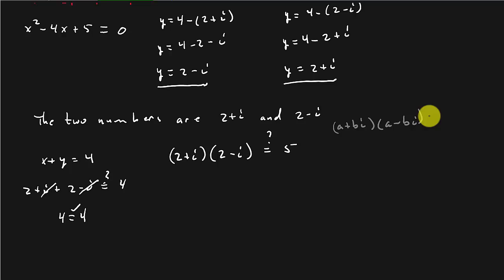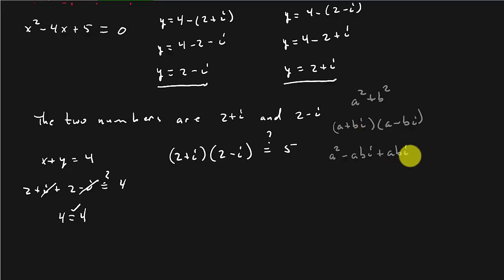And I'm going to show you how you get that. Just remember that this is a squared plus b squared. Well, let's foil this out. So a times a is a squared. A times negative bi is negative abi. bi times a is plus abi.